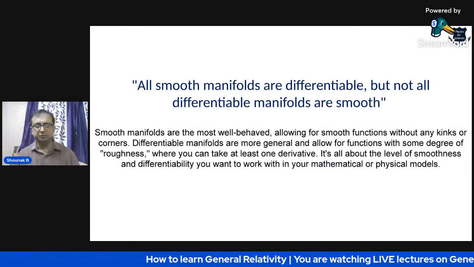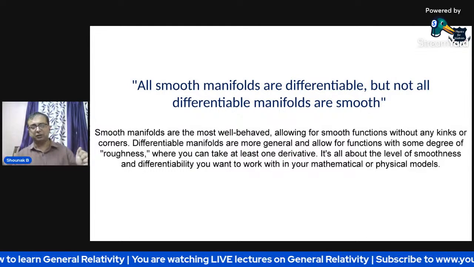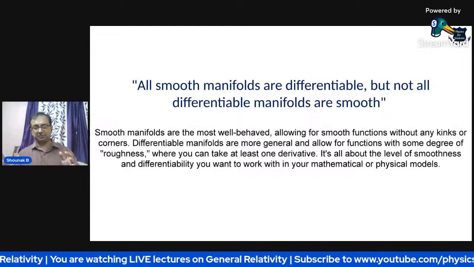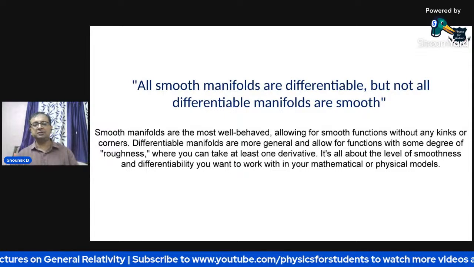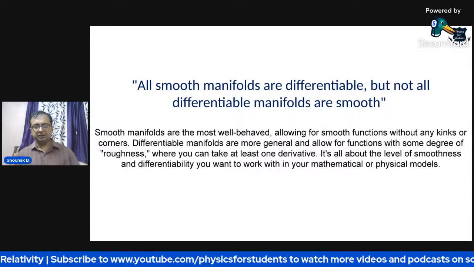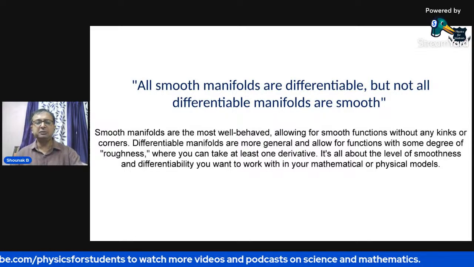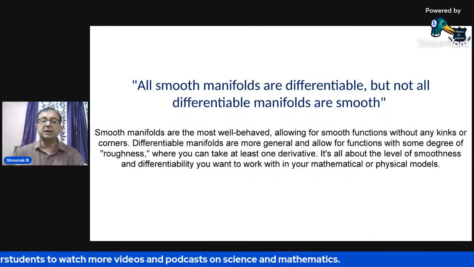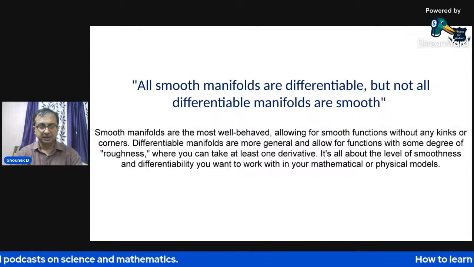So right at the bottom, you see smooth manifolds are most well behaved, allowing for smooth functions without any kinks or corners. But differentiable manifolds are more general and allow for functions with some degrees of roughness, where you can take at least one derivative. Here you can take multiple derivatives, right? And it goes on and on and on. Here you can see this will make things clear.